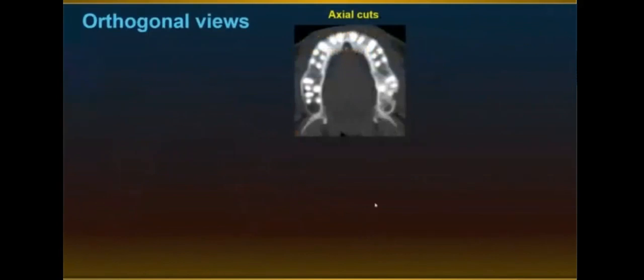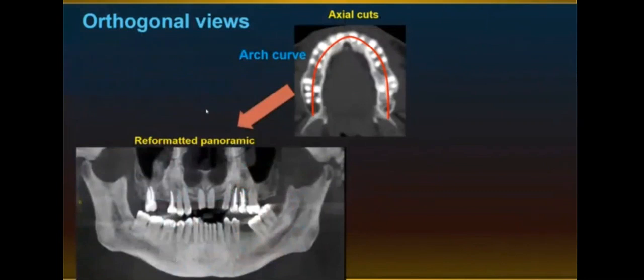So here again, the arch curve is drawn, and this arch curve will give us the reformatted panoramic. Let's stay here for a while. The arch curve should be drawn such that it passes through the center of the teeth, and in the anterior region to be a little bit buccal, in order to give us a good reformatted panoramic image.